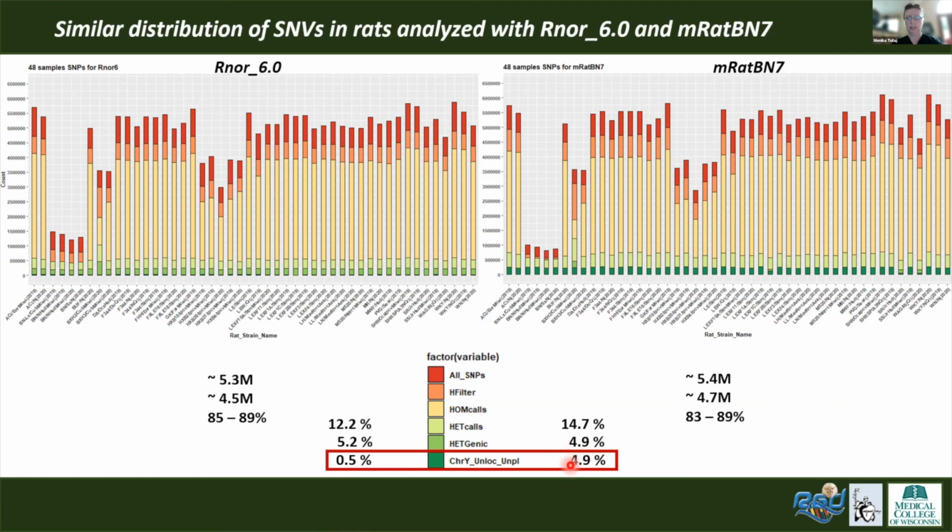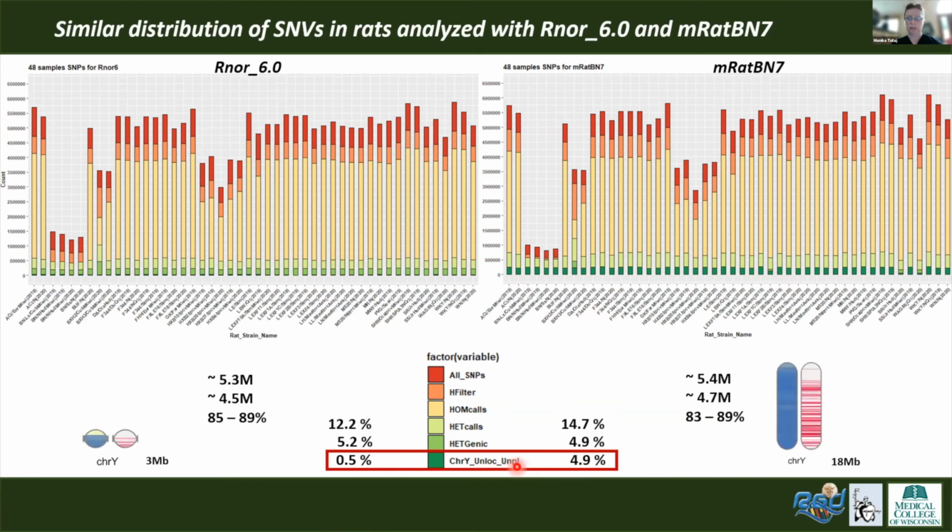These heterozygous calls are located, 5% of them, which are dark green here, in chromosome Y and unlocalized and unplaced contigs. So that's interesting.